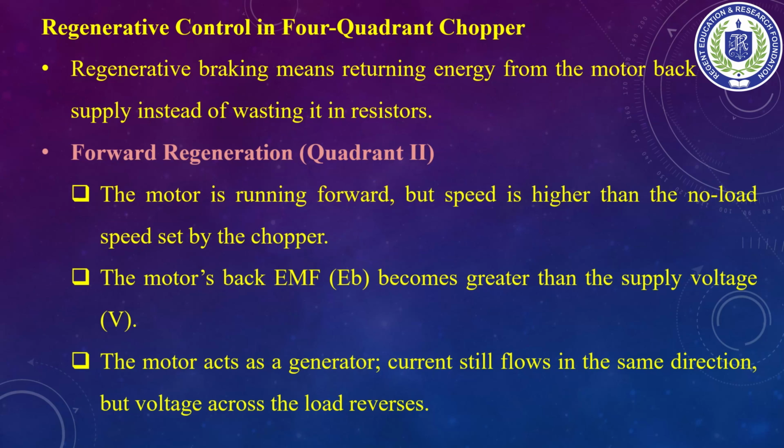We have the regenerative control in quadrant 2 in the form of forward regeneration. In that case, the motor is running forward, but the speed is higher than the no load speed set by the chopper. What will happen? The motor back EMF will be more than the supply voltage V. So the motor will now act as a generator and current still flows in the same direction, but the voltage will reverse.